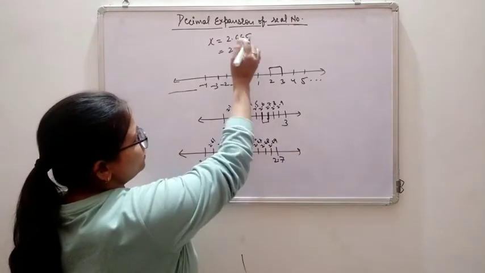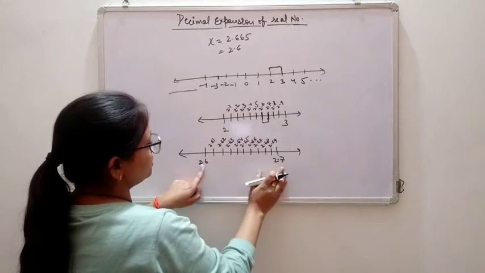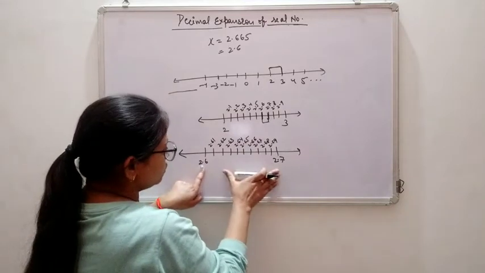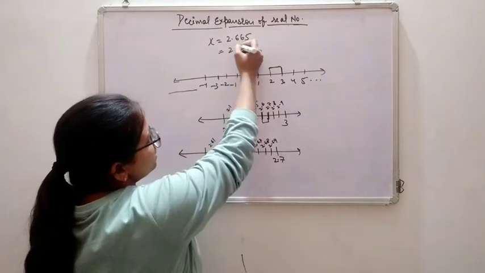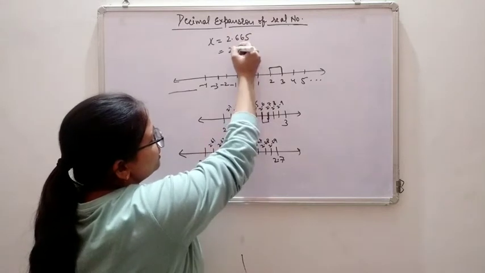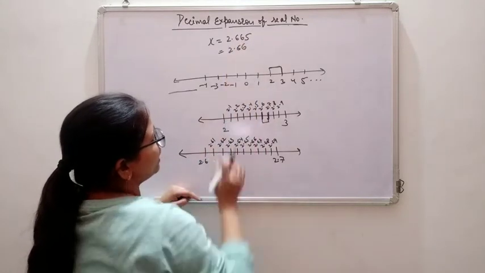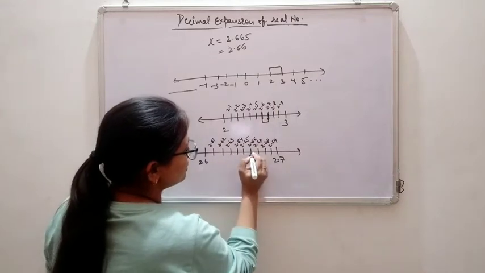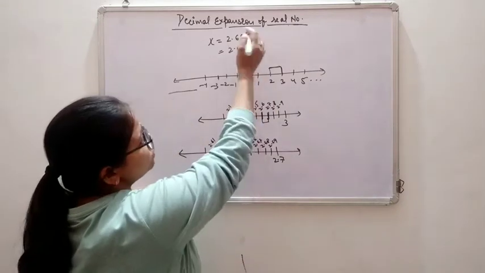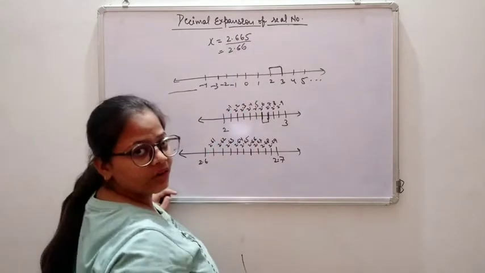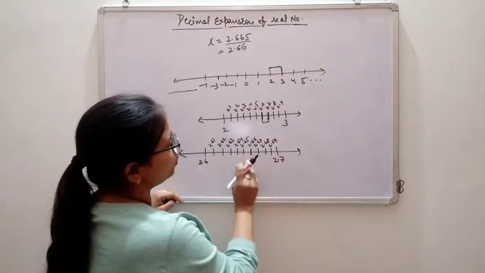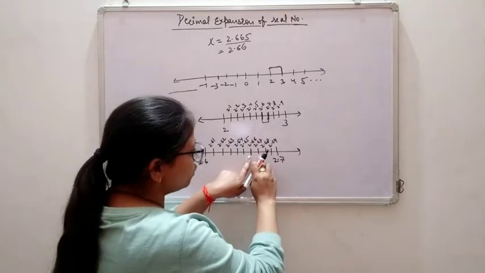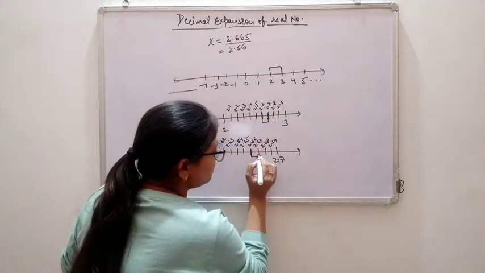Now you know that 2.6 is this and 2.7 is this; the number lies between these two numbers. So you try to find 2.66 between this. Where is the 2.66? This. But the number is 2.665, right? This is somewhere between 2.66 and 2.67, right?